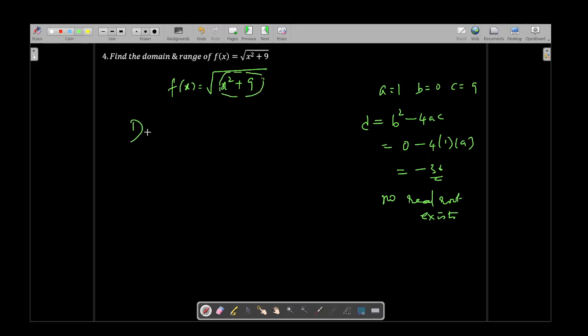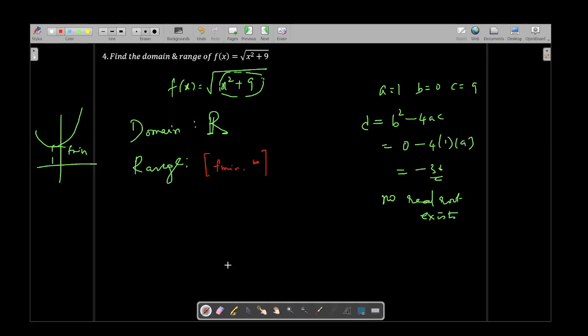So in such cases, the domain is the complete real numbers. Range for this: since a is positive, the curve will be up, looking like this. We have to find the minimum point, f minimum. Range is from f minimum to infinity. F minimum I can find as square root of minus b square by 4a plus c, comma infinity. b is 0, so this complete term is 0.